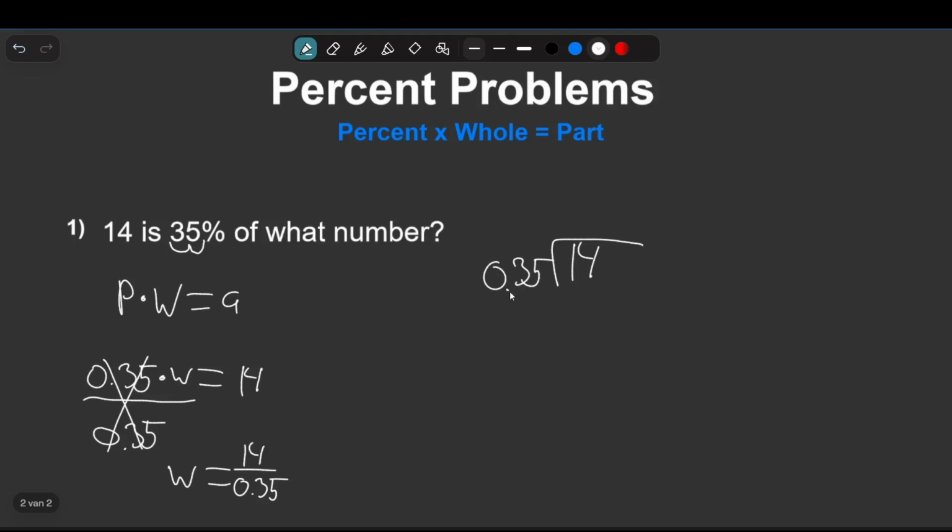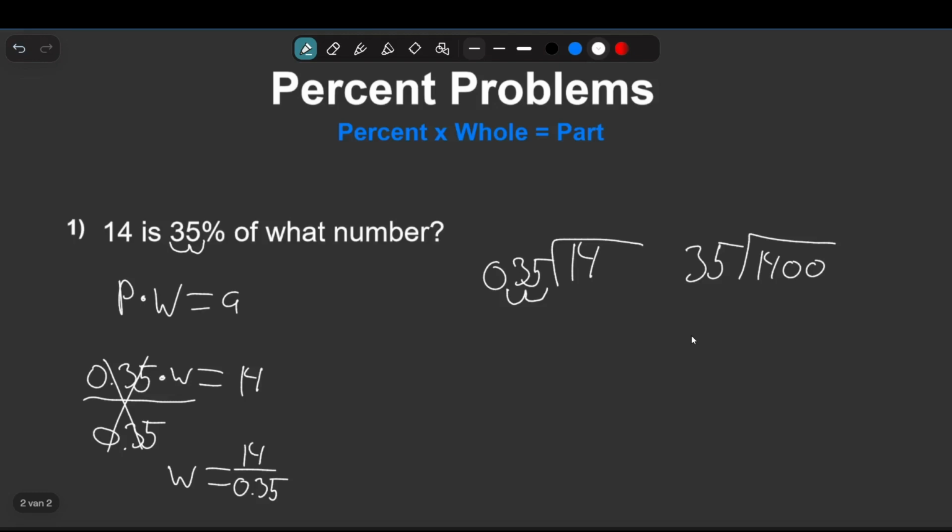So we're going to multiply by 100 again by moving the decimal to the right twice, 1 and 2. And then we will get 35 and 1400. We got 1400 right here because we have multiplied this by 100, and of course we have to multiply both sides by 100 if we multiply one side. So now we can start our division.